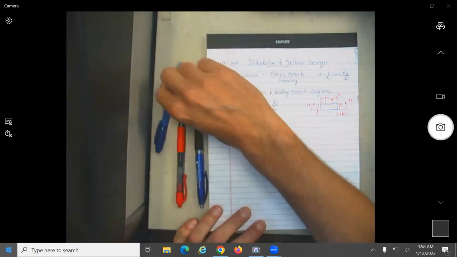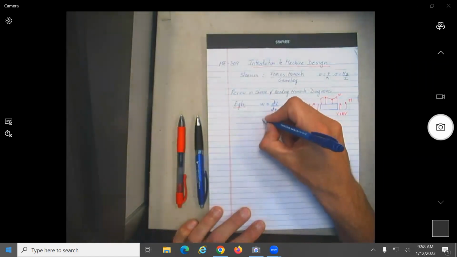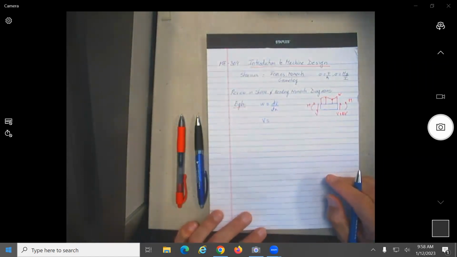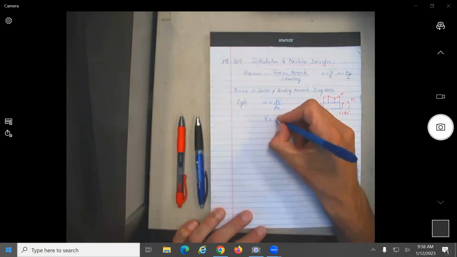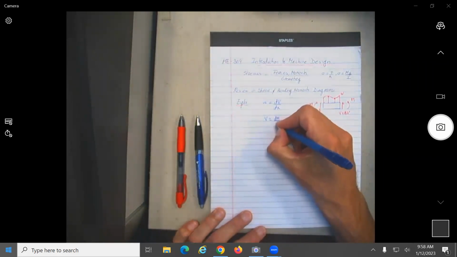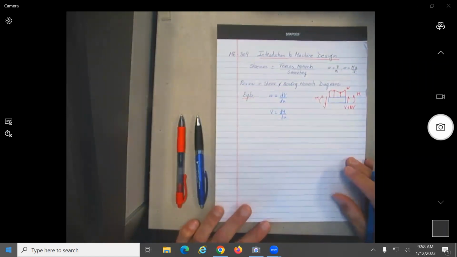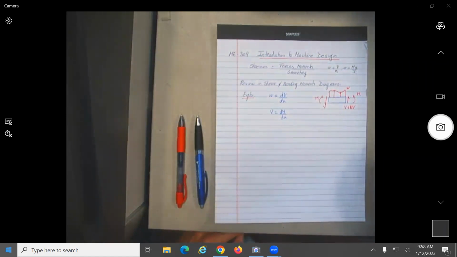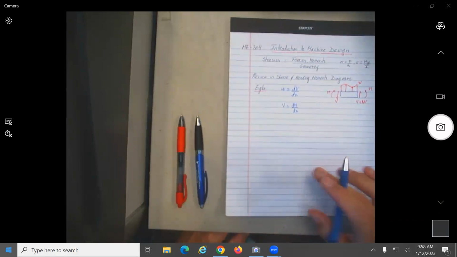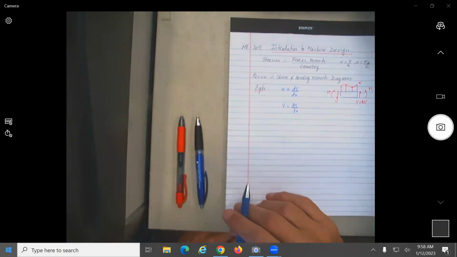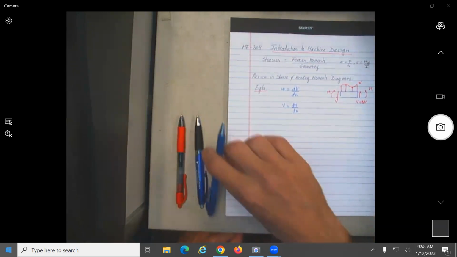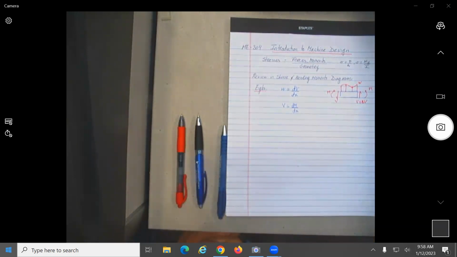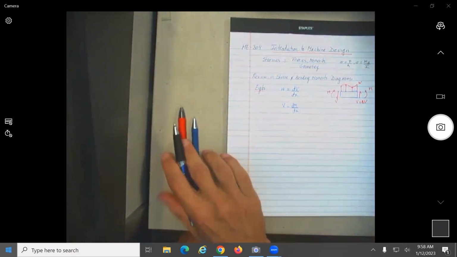This is just for the explanation. And the other useful equation is that once you know the distributed load, you can find the shear, or once you know the shear, you can find the bending moment by using either one of these equations. Okay.